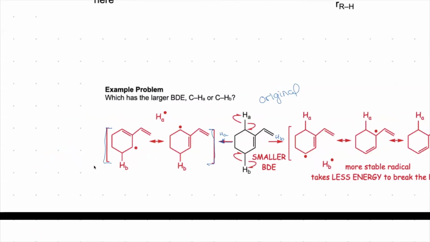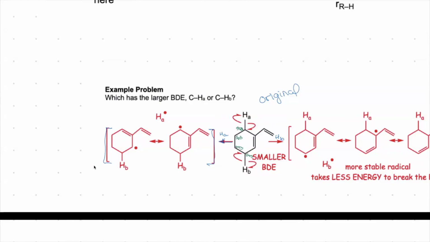So in our original molecule, this one's sp3, this one's sp3, and this one is sp3. That's sp2, that's sp2. This is sp3. And these are sp2 and sp2. Okay, perfect.